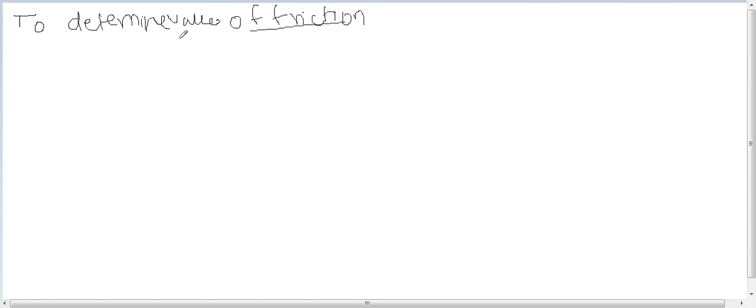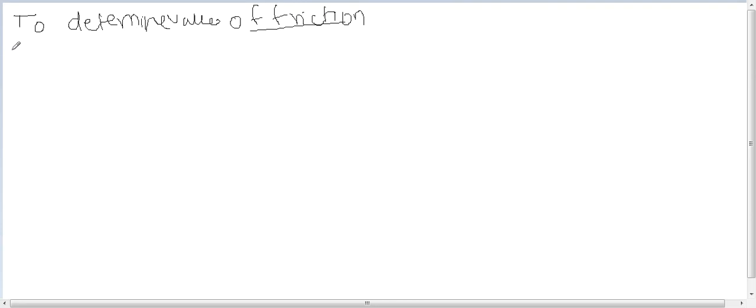Okay, now there are two steps in friction. The first step is to determine the value of friction. And the second step is, friction is a force, so it must have a direction.